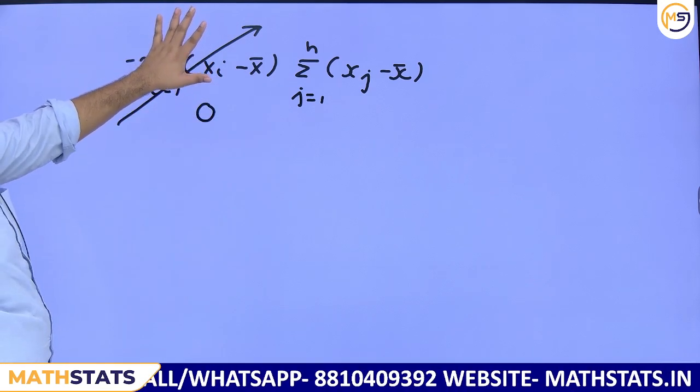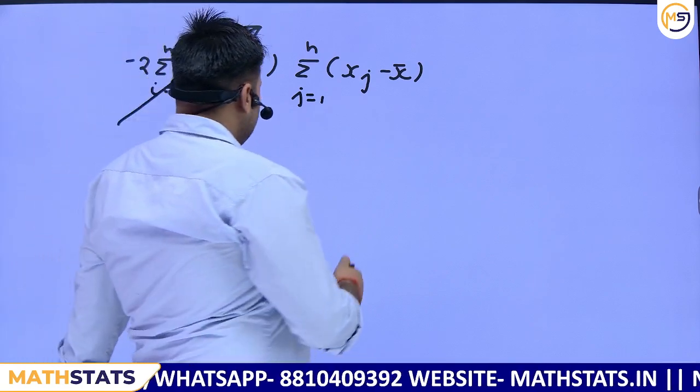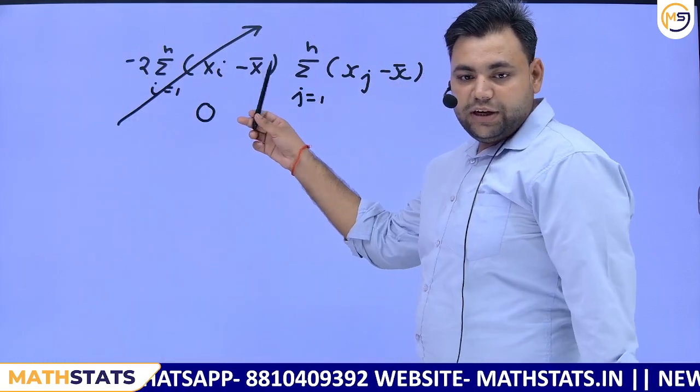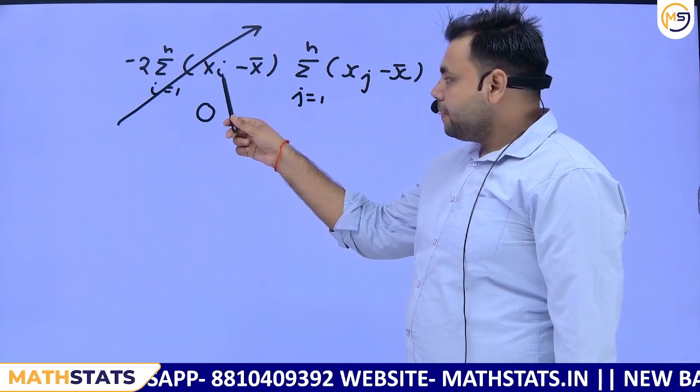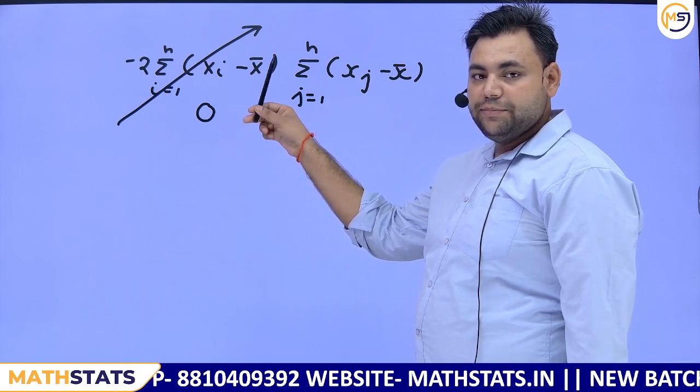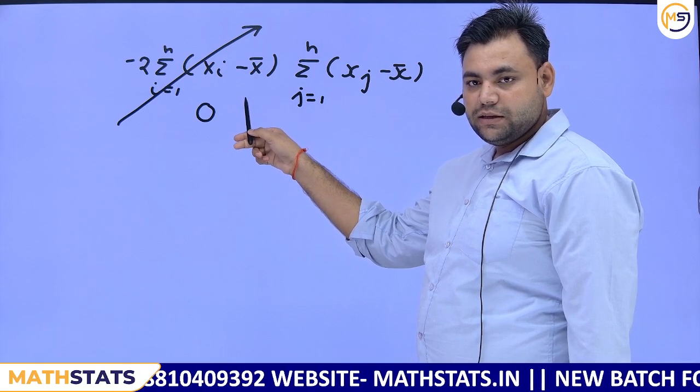Okay, so this quantity goes to 0. Why does this quantity go to 0? This quantity goes to 0 because it is the algebraic sum of deviations from the mean, right?